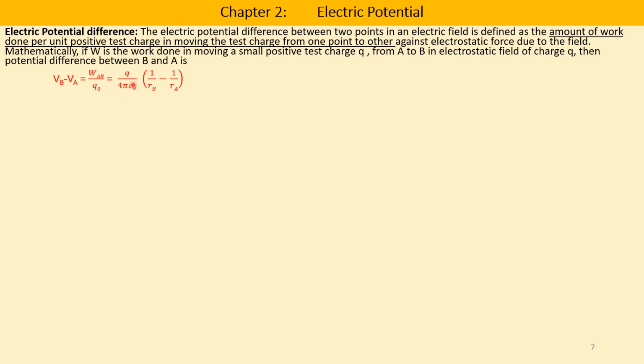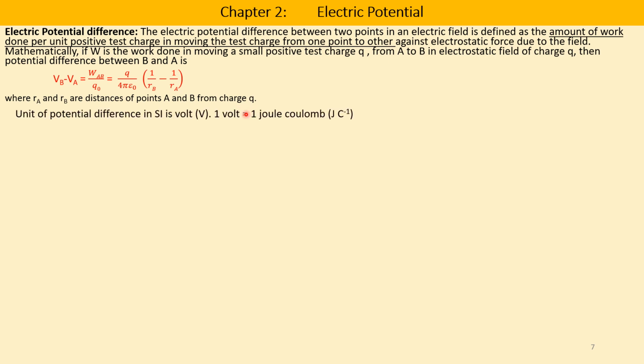That is equal to Q over 4 pi epsilon naught into 1 over RB minus 1 over RA. Here RA and RB are distances of points A and B from the charge Q. The unit of potential difference in SI is volt. 1 volt is equal to 1 joule per coulomb.